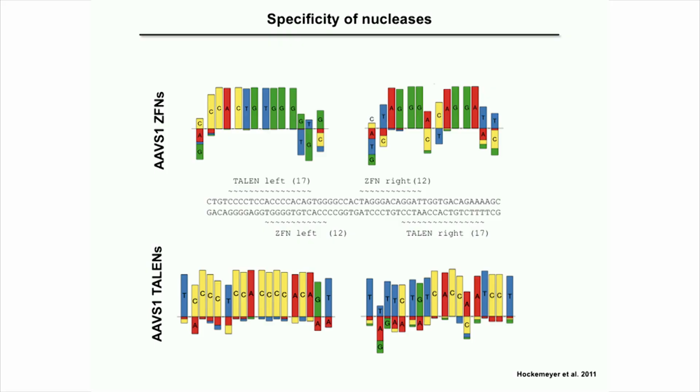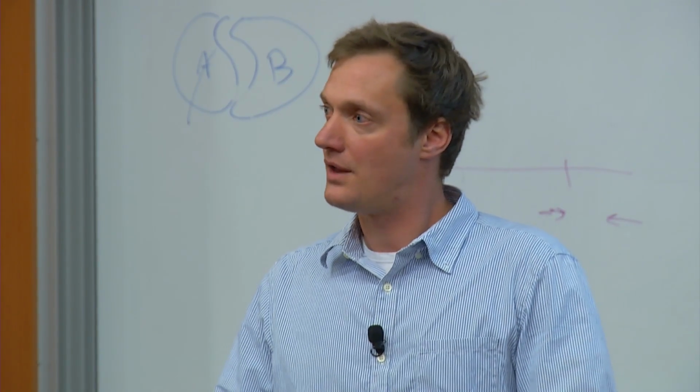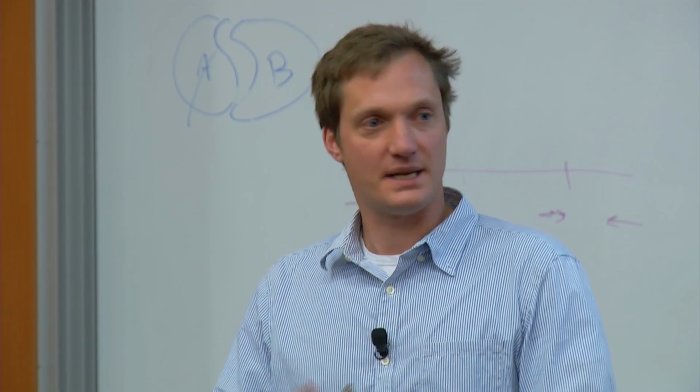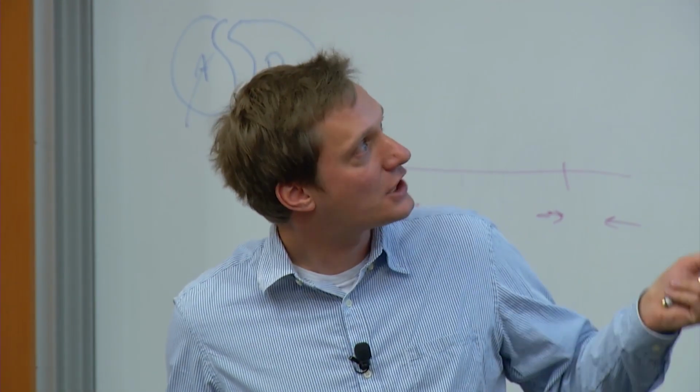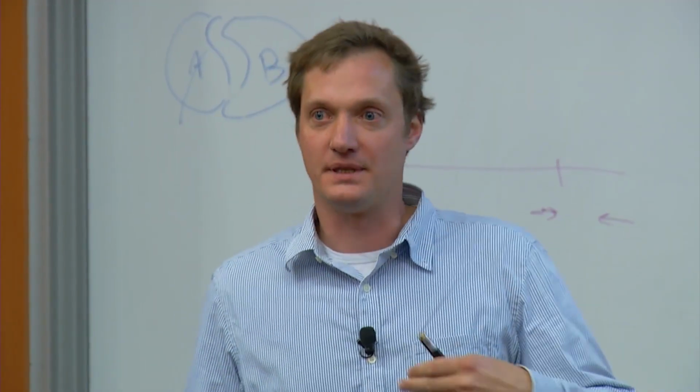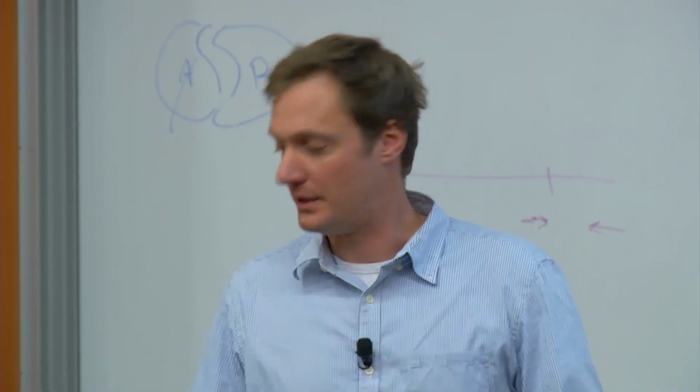Here we compared the specificity of AAVS1-targeting zinc finger nucleases and, in this case, TALE nucleases that have approximately the same binding site. The assay is done by asking, when you have these proteins as recombinant proteins, what is the actual DNA binding sequence that they are going to interact with.